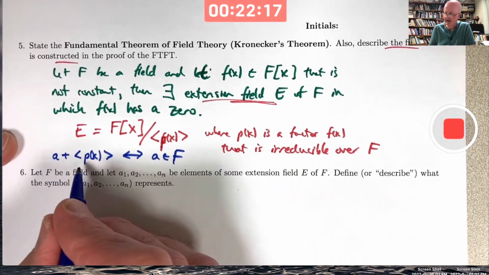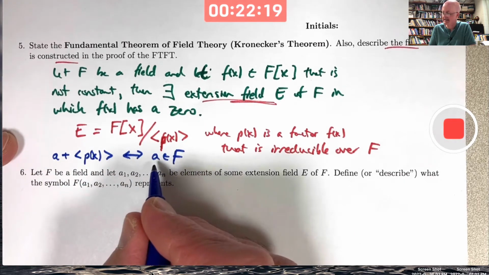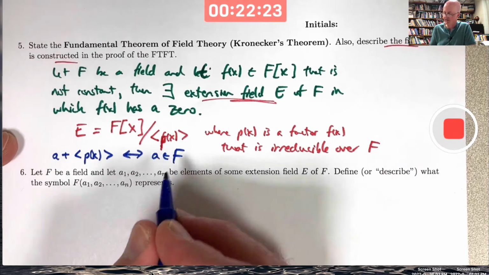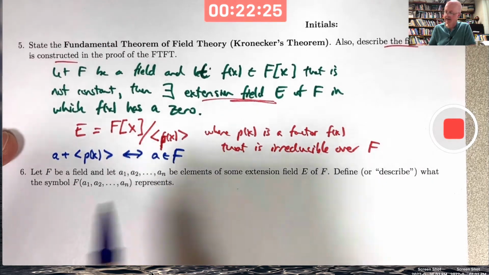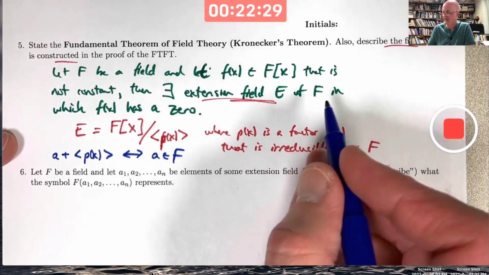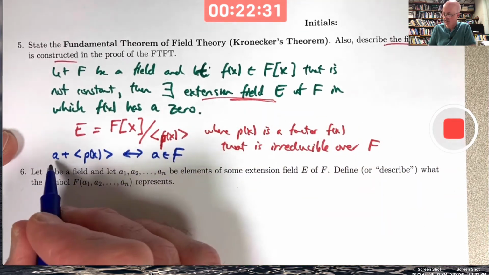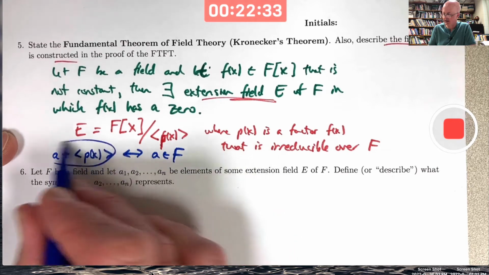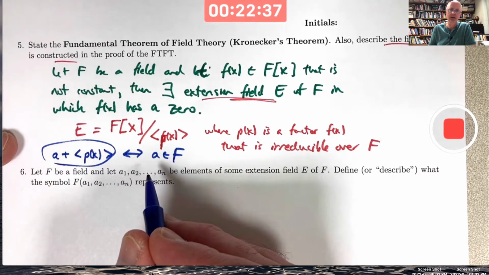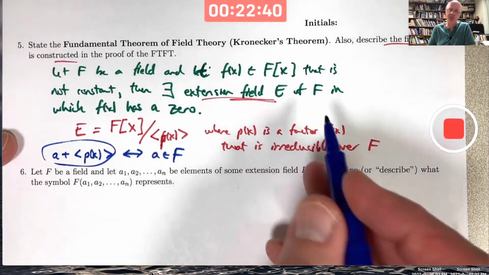You think of that coset as being equivalent or the same as the corresponding element that is the representative in front of the coset from the field f. That's the way you make the association to say you can think of this as a field extension of f or f as a subfield of E. In fact, all the cosets that can be written like this, where a is a constant polynomial, effectively an element of f, form a subfield of E that is isomorphic to f.